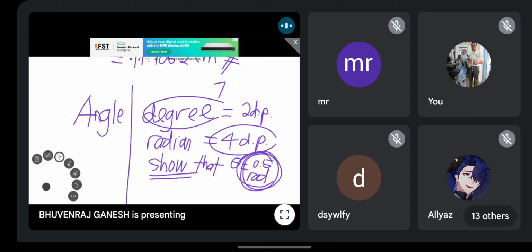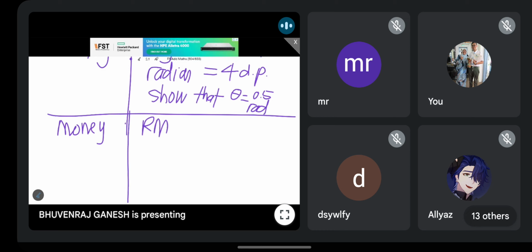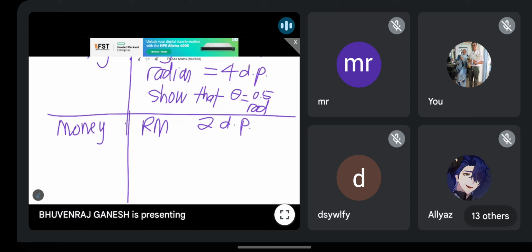So other than that, let me think. Okay, money. Let's say we talk about money. Money also got in maths. So money, RM. How many dp? Berapa titik perpuluhan? Yes, always 2 lah. How can be 4? Tak boleh 4 dp, terlalu banyak. Saya tak tanya angka bererti ya.